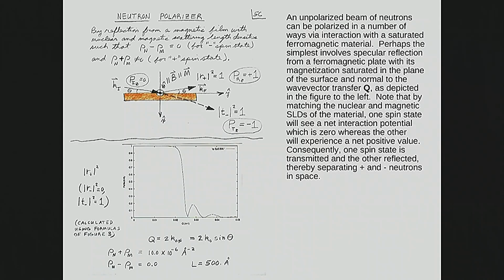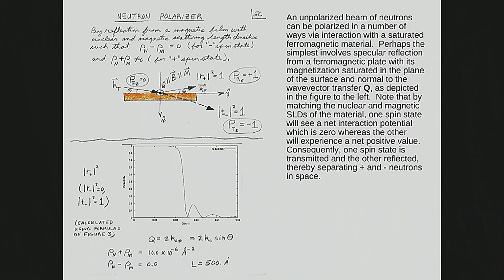It looks like empty space, and it goes straight through. So the reflected beam is polarized almost perfectly spin up. The transmitted beam is polarized perfectly spin down. So that's how you make a polarizer, just with a thin ferromagnetic film, for example.